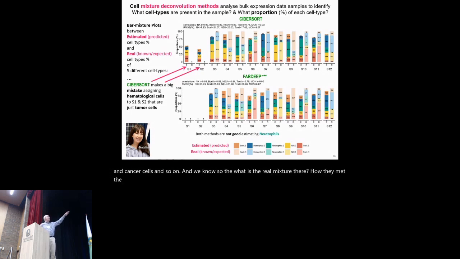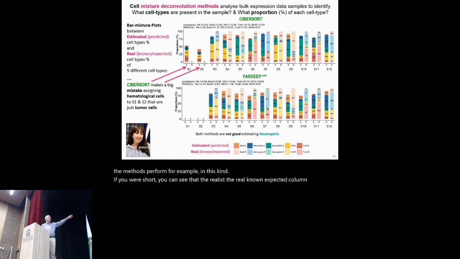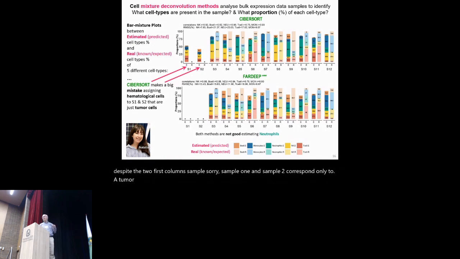For example, in this CyberSort, you can see the real or known expected column. Despite the first 2 columns, sample 1 and sample 2, corresponding only to tumor cells, you can say that CyberSort is estimating the presence of immune cells, despite the fact that in that sample there are no immune cells.